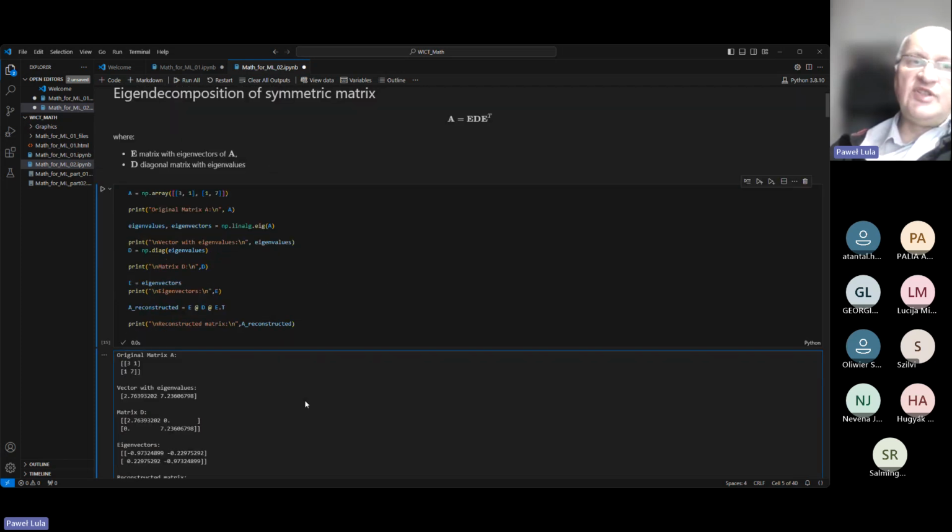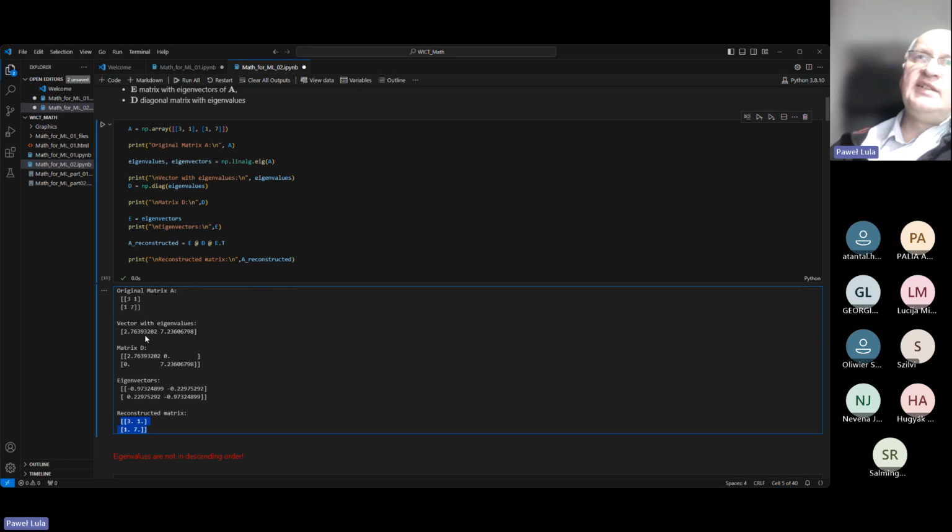And here we see the very short program in which I use this formula. But I think that we should talk about one element in this program. Here I calculated eigenvalues and eigenvectors. Eigenvalues are here and eigenvectors are here.